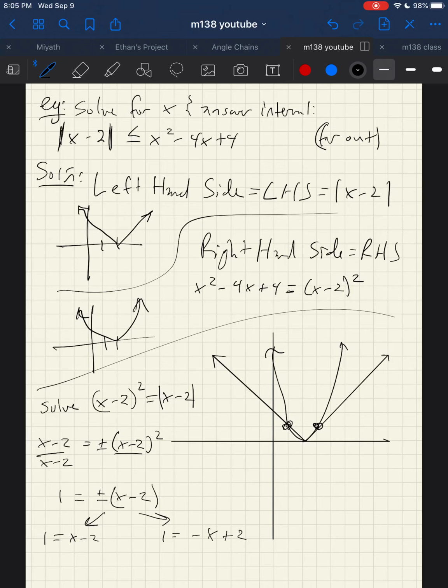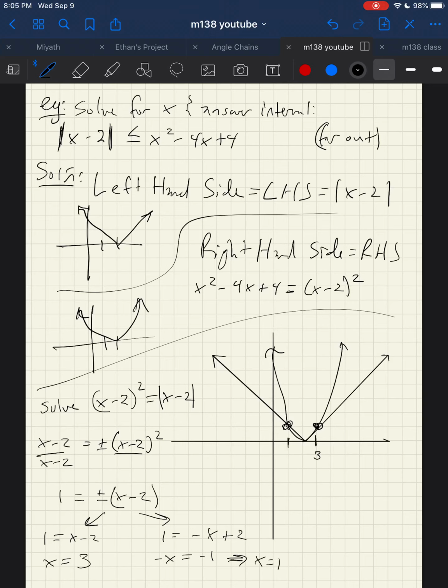Then x equals 3 if I add 2 to both sides, and if I subtract 2 from both sides, negative x equals negative 1, which gives me x equals 1.